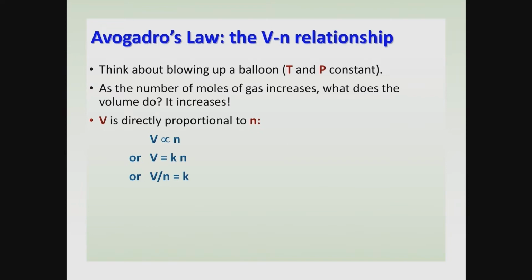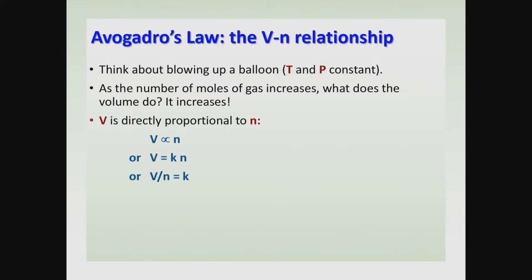And so we can write that in a pretty simple equation, that V is proportional to n. Now, what you might remember is that you can turn that into an equality as long as you add some kind of numerical constant. So if V is proportional to n, you can also write V is equal to a constant k times n.